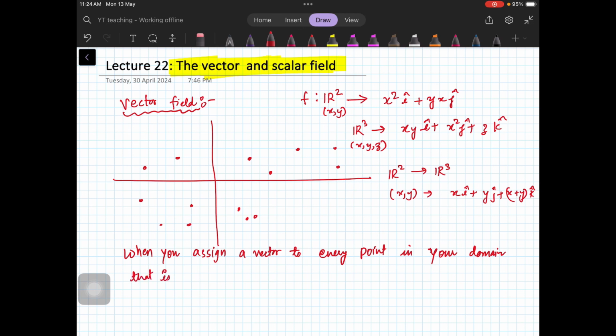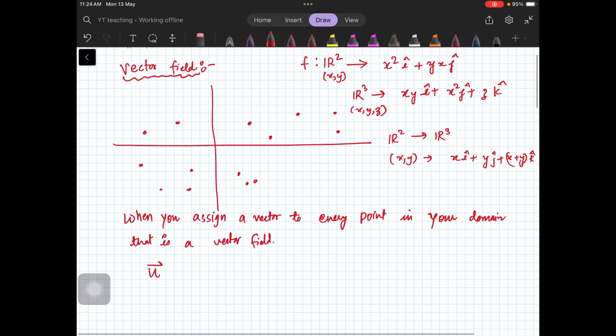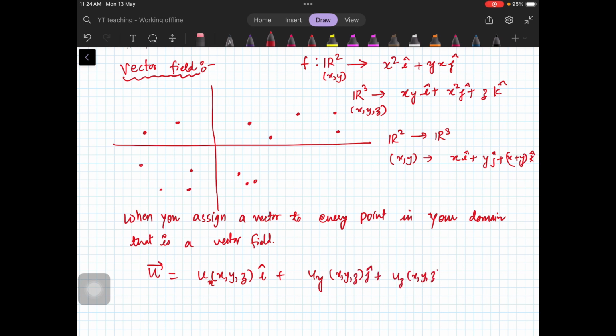If I say u is a vector field, that means u has an x component, which can be a function of x, y, z, or whatever my domain variables are, and then it has a y component, and then a z component. That is the idea of a vector field.